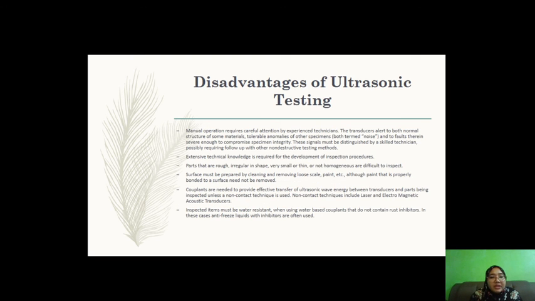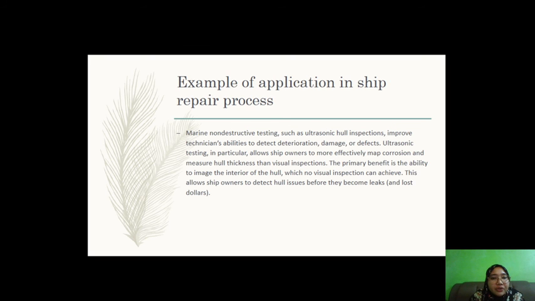The disadvantages are that parts that are irregular in shape, very small or thin, or not homogeneous are difficult to inspect. The inspected item must be water resistant when using water-based compounds that do not contain rust inhibitor. In this case, antifreeze liquid with inhibitor is often used.